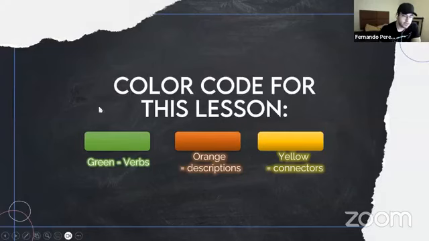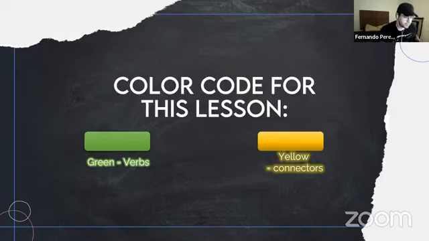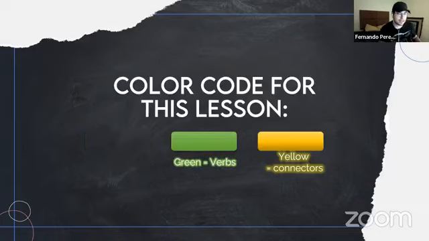For this lesson, we are going to give a special emphasis to greens. There's not going to be a lot of orange. Actually, we need to eliminate the orange. Possibly we are going to use some yellows because we are going to talk about time, connectors, etc. But of course, very importantly, we're going to speak about persons.